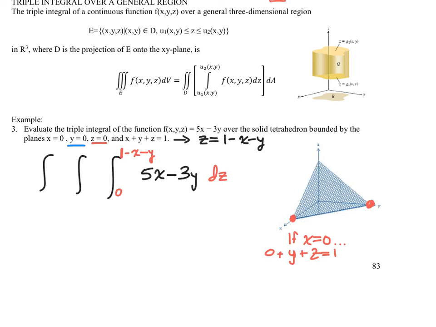All right, so when I integrate with respect to z, I have a z equation here. Z equals 1 minus x minus y. That's what this is. This is my z. Z equals 0 to z equals this. When I integrate, I'm going to get something in terms of x and y. All right, because I'll get an answer that has a z in it, but then I'm going to sub those values in. And so I'll be looking to integrate with respect to y.